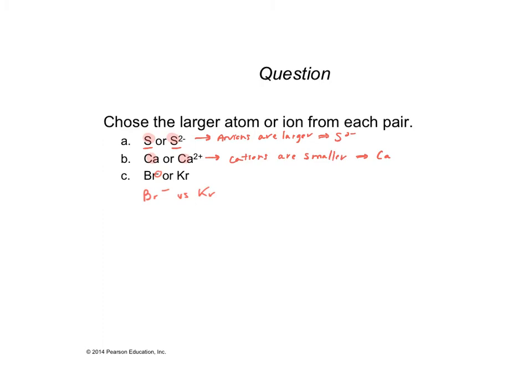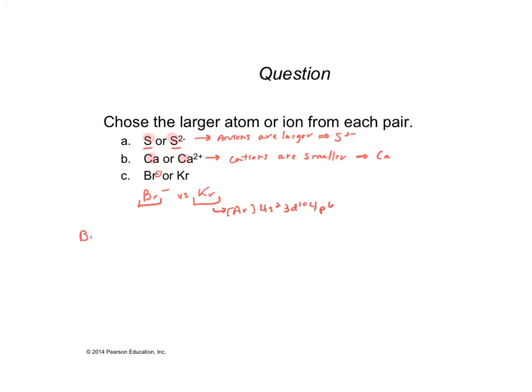For bromine 1 minus and krypton, if we look at the electron configuration for krypton, I'm only going to look at the abbreviated one. So this is going to be argon 4s2 3d10 4p6. Okay, so that is the electron configuration for krypton.